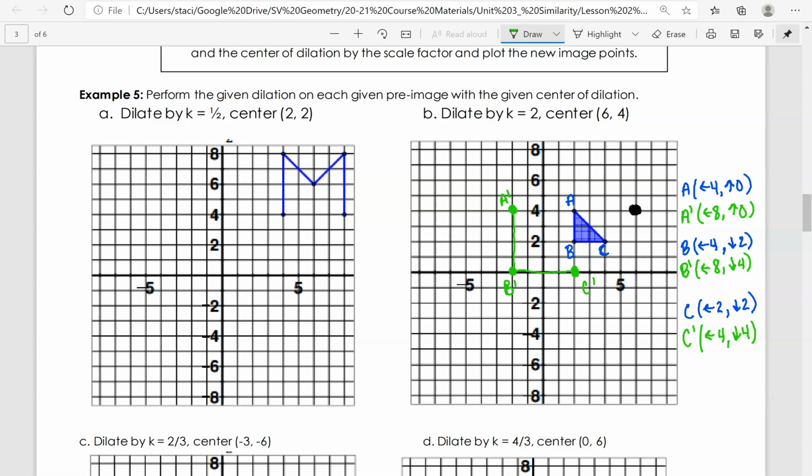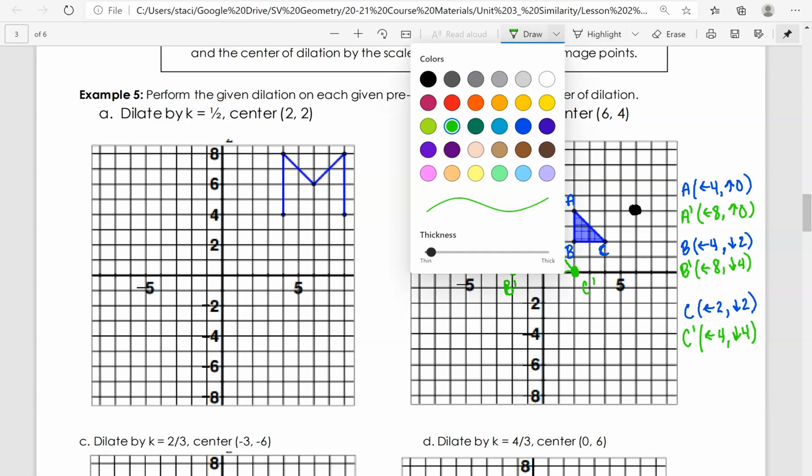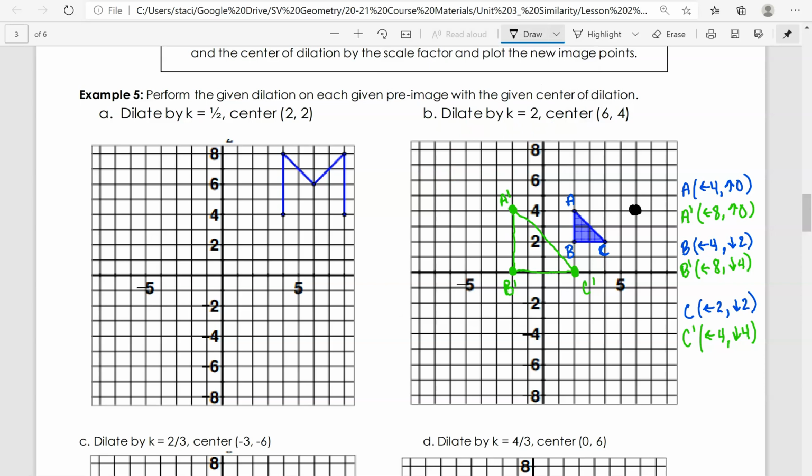And so I created a figure that is twice the size of the original. I want to show you this here, since I didn't show it to you in the last example: if I connect these points, see how they all form a straight line and they all intersect through that center of dilation.